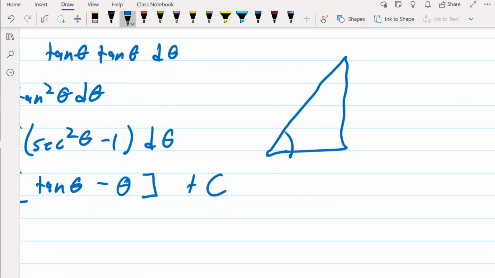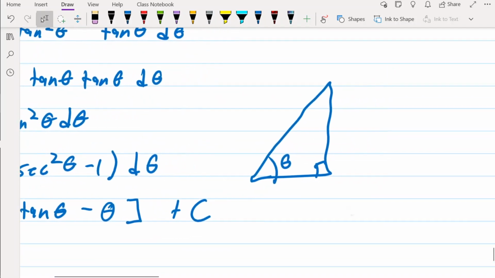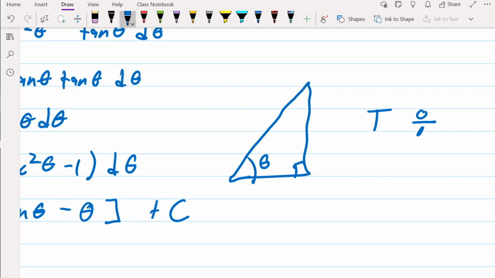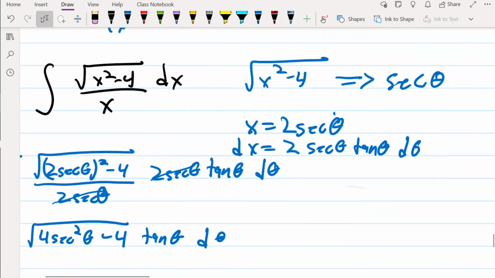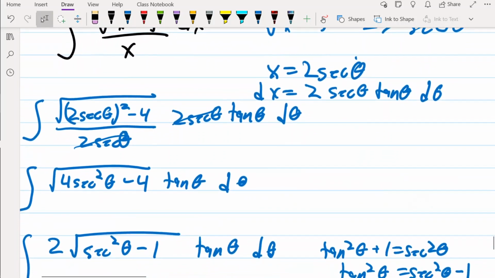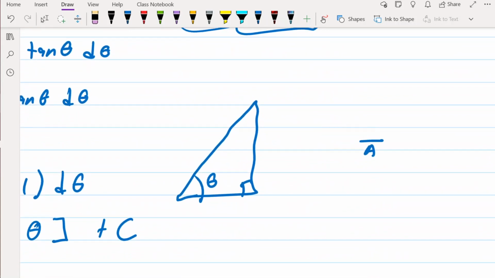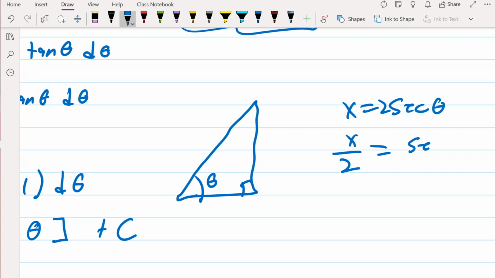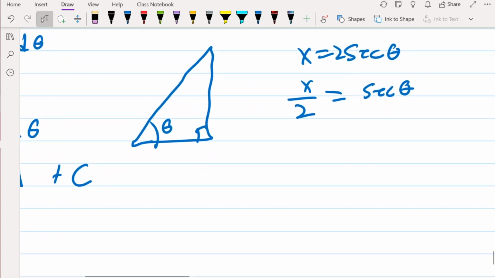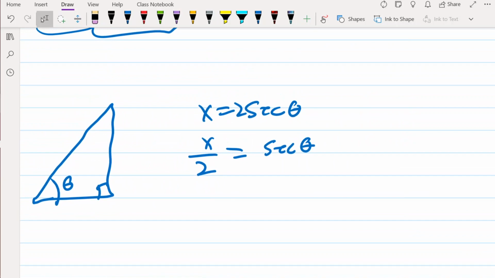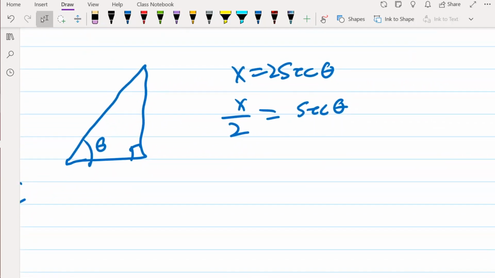So I'll make our right triangle right here, where tangent is opposite over adjacent. And let's just go back to what we had originally. Wait, we had x equals 2 secant theta. So that means x over 2 equals secant theta, and secant theta is 1 over cosine.